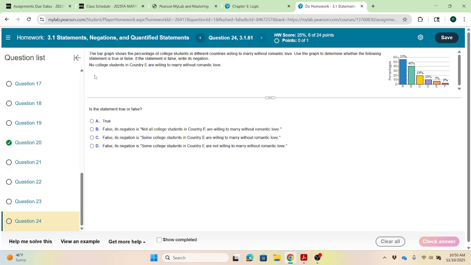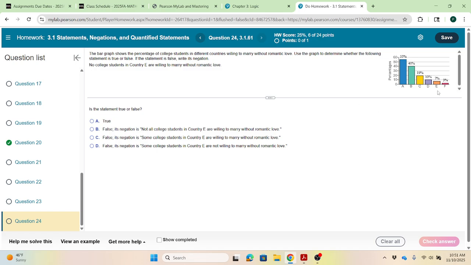Okay. The bar graph shows the percentage of college students in different countries willing to marry without romantic love. Use the graph to determine whether the following statement is true or false. If the statement is false, write its negation. No college students in country E are willing to marry without romantic love.